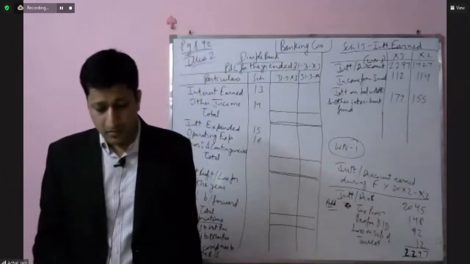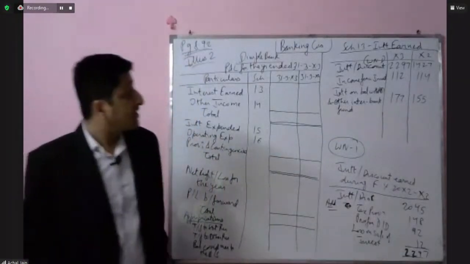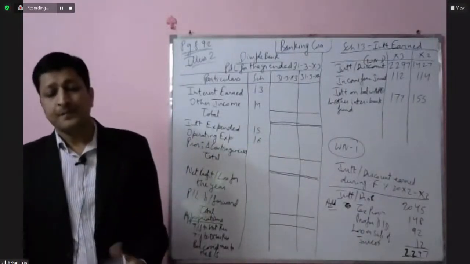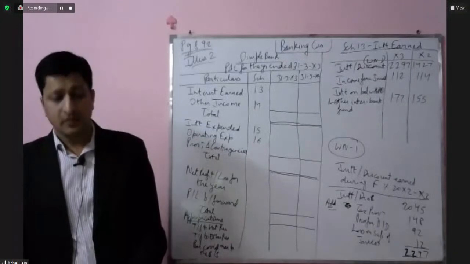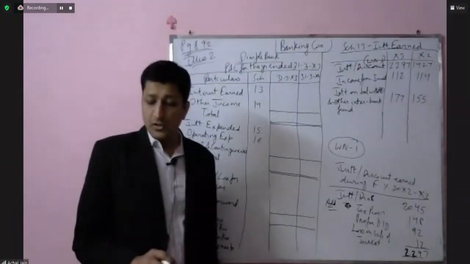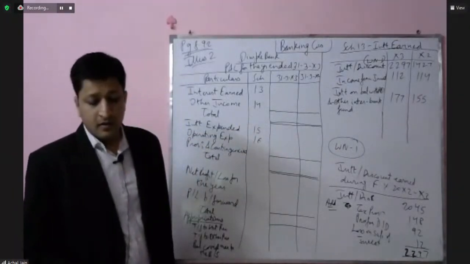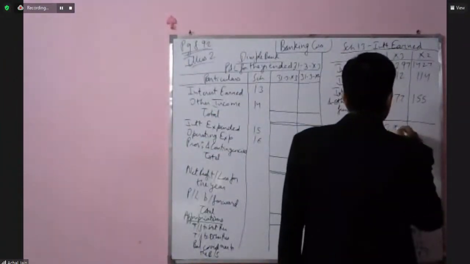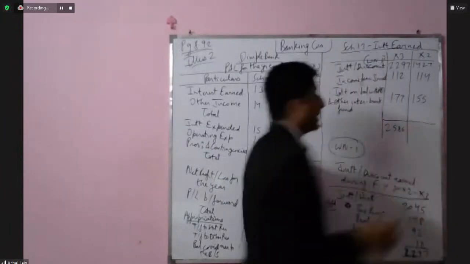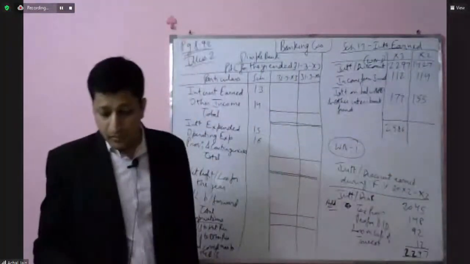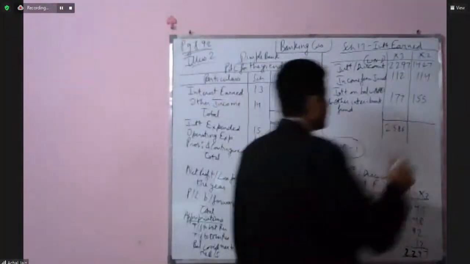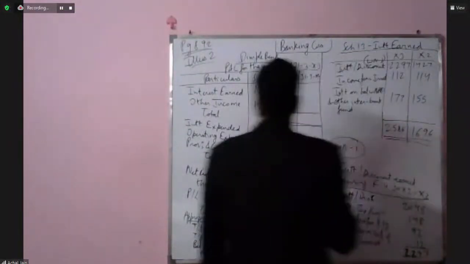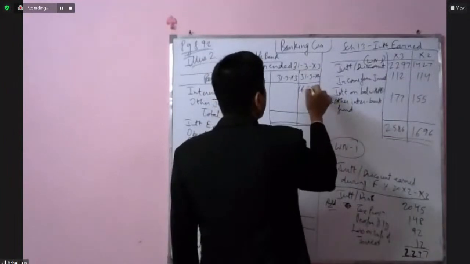Now with this, we can close this account. So interest on, what's the total over here? All of you quickly do the total. So this is 2586, what I'm getting from the study material, and you should also confirm this quickly, please. 1696, and I'll move this number over here.